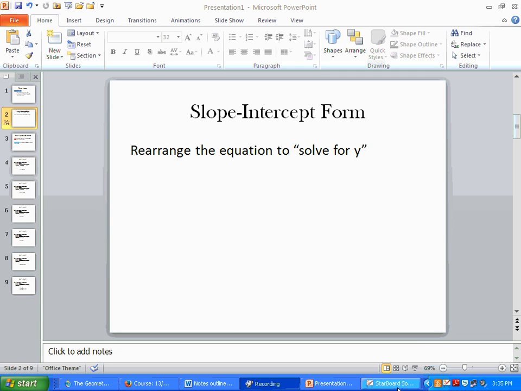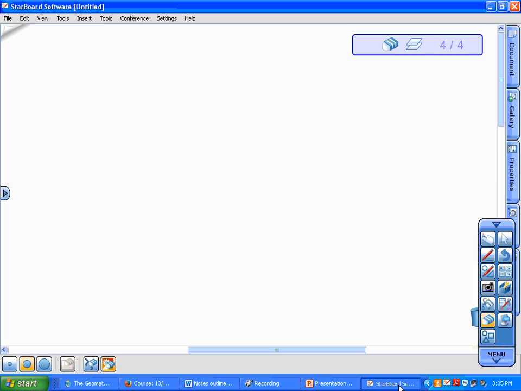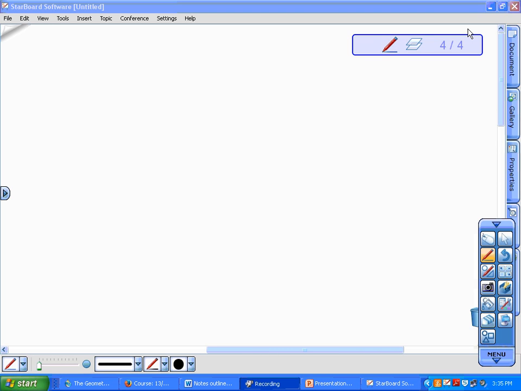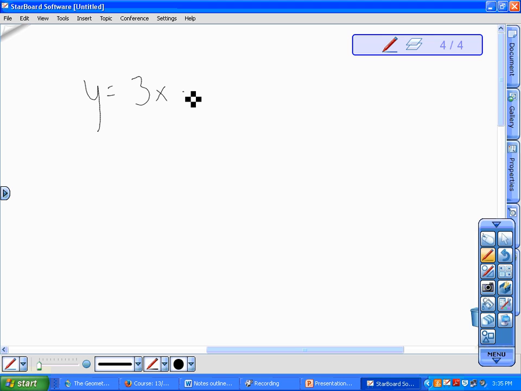Okay, so let's talk about a few examples of what a slope-intercept form equation would look like. Recall that y must be by itself. So for example, we could have y equals 3x plus 7.